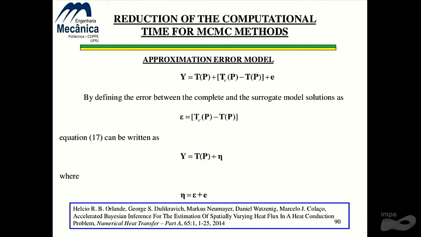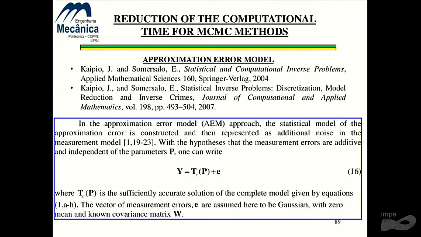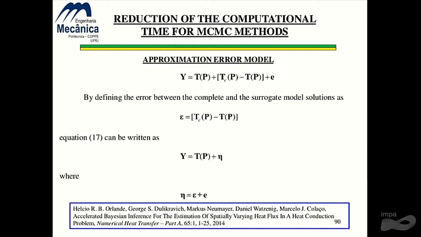Okay? The question is how we compute this modeling error, because we have a statistical model for the experimental error, which in our case was given by this Gaussian distribution, okay? But how do we model epsilon? And although this error might look deterministic, it's not, because the error depends on the parameters, and the parameters are stochastic.